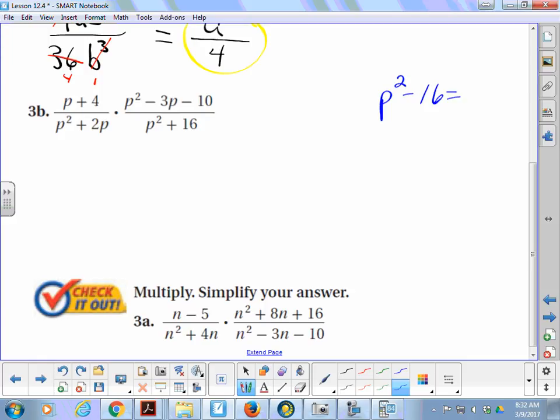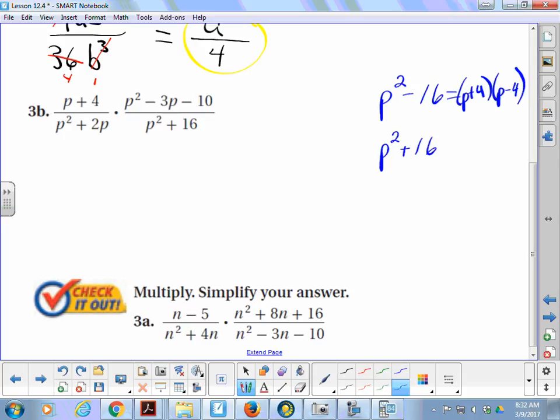If I factor that, that's the difference of two squares. This is p plus 4, p minus 4. But we have p squared plus 16, not p squared minus 16. Can I factor p squared plus 16? And the answer is no, you cannot.